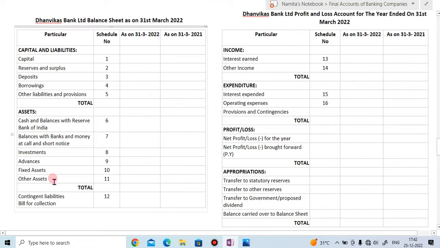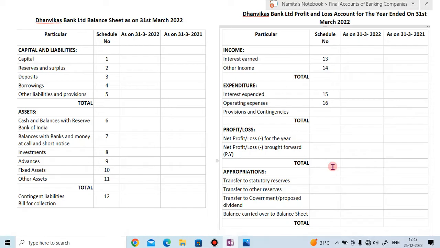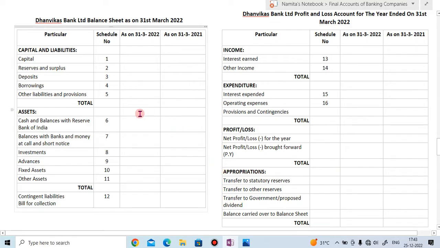So this is the format of balance sheet. In this format, every banking company has to prepare the balance sheet. Then this is the format of profit and loss account. According to this format, every banking company has to prepare the profit and loss account. Okay, so take the screenshot of this format, and this format is to be written in a proper sequence only.